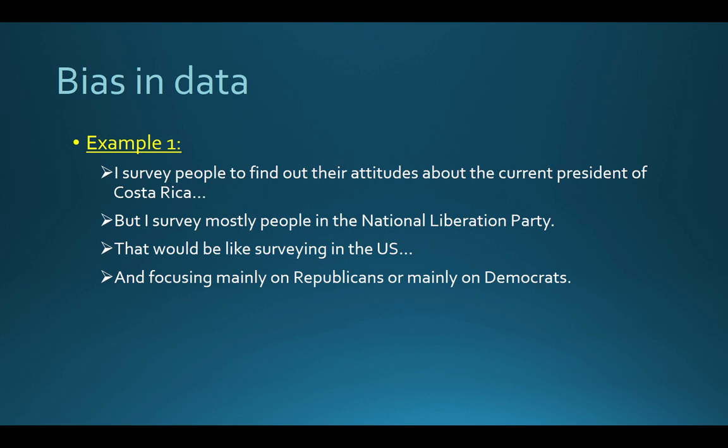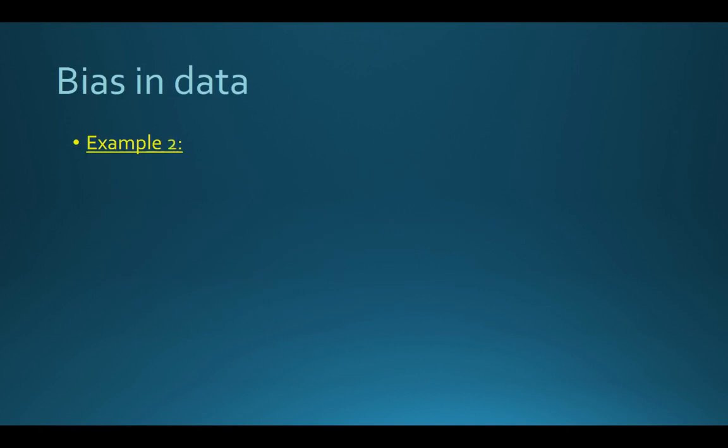I'm going to get a very different point of view from them than if it's mainly Democrats versus if it's mixed, right? We understand that this is going to skew the information that we obtain. If it skews the information because we're not collecting data in a representative way, we have introduced selection bias, right? Is this making sense? Hopefully it is. Let's look at a second example.